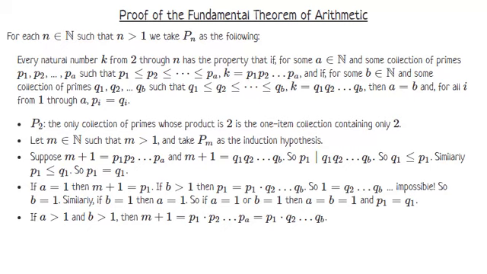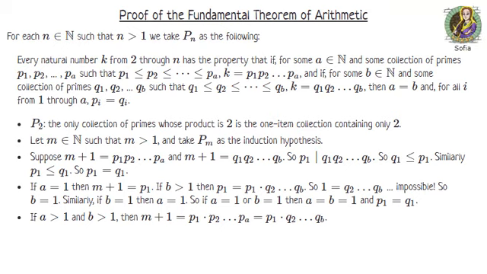We can cancel the p1s, so the product of p2 through pa equals the product of q2 through qb. That's right. Note that p1 is greater than 1 because it's a prime, so the product of p2 through pa is less than m plus 1. And since it's a product of primes, it's also greater than 1.